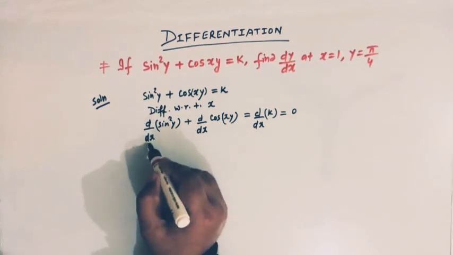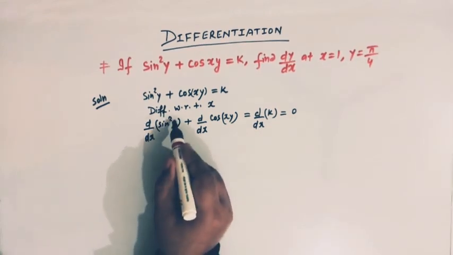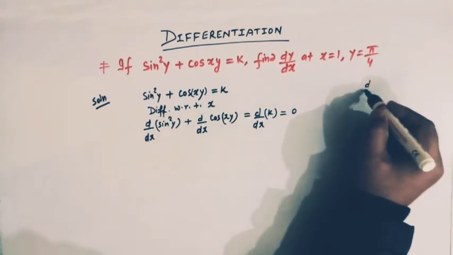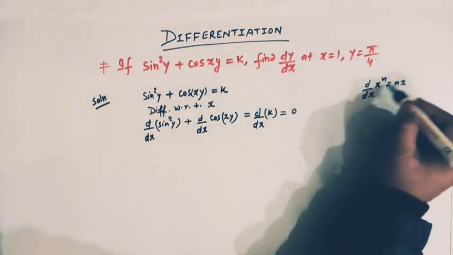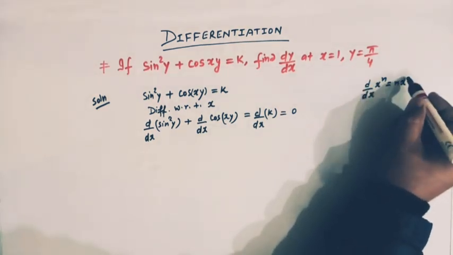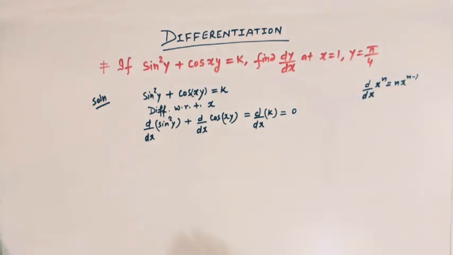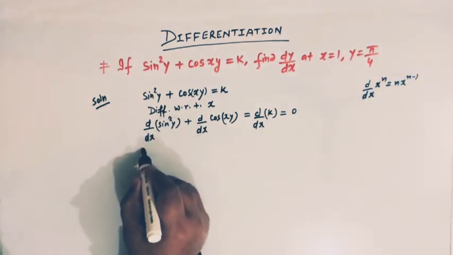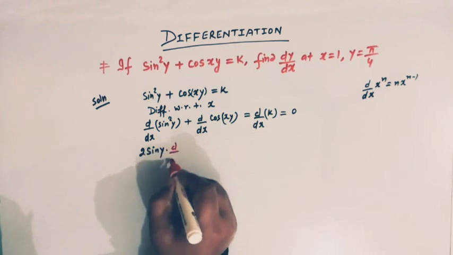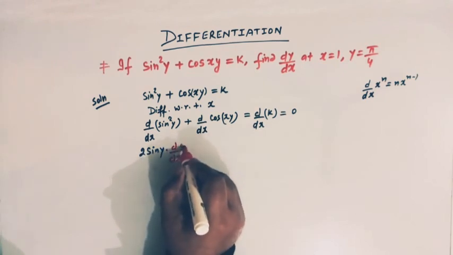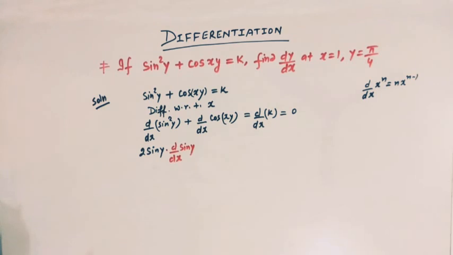Okay, now here we have sin²y. So first we'll apply the power rule for differentiation, that is d over dx of x raised to n is n x to the n minus 1. So here first we have 2 sin y, and then we'll write the derivative of sin y due to the chain rule, right?